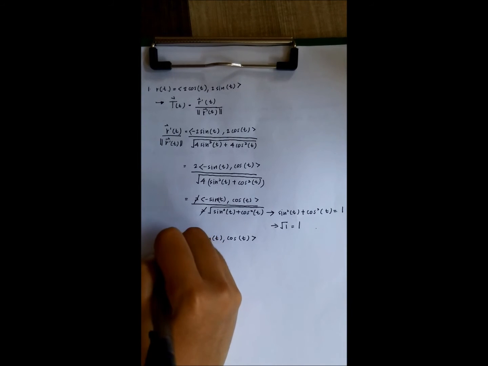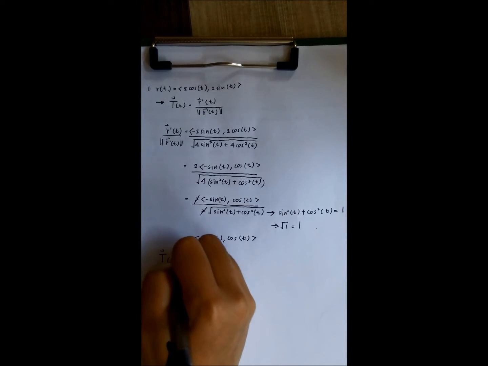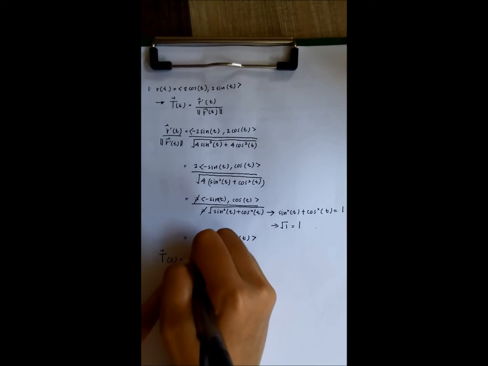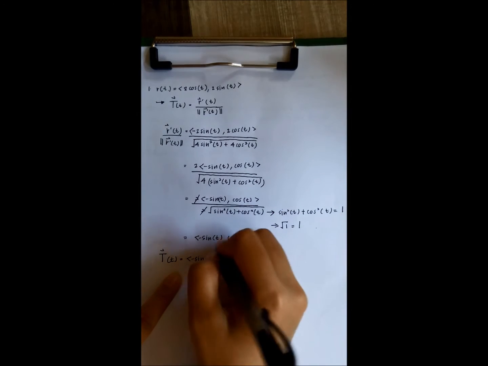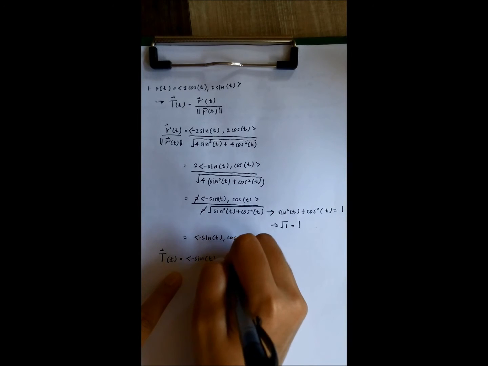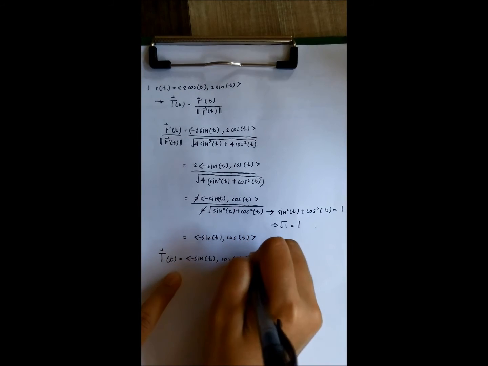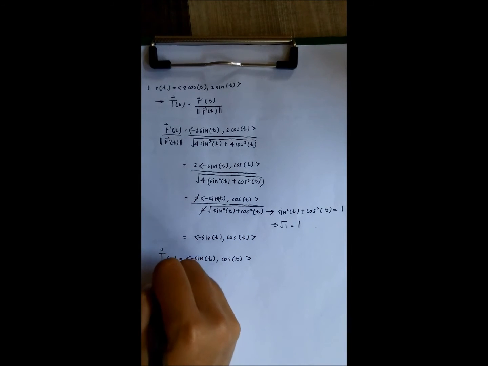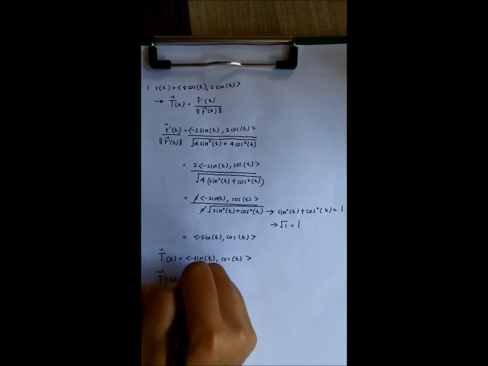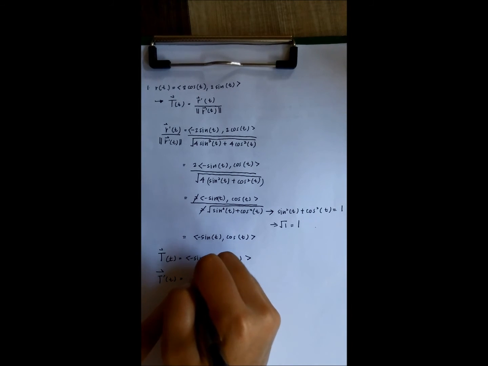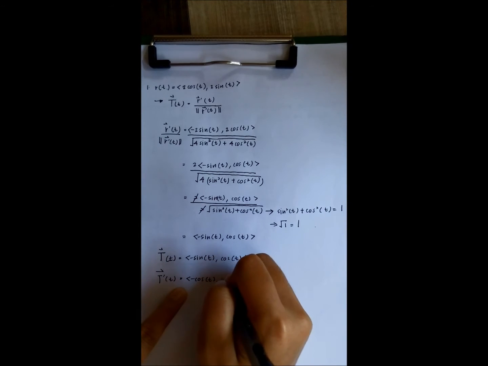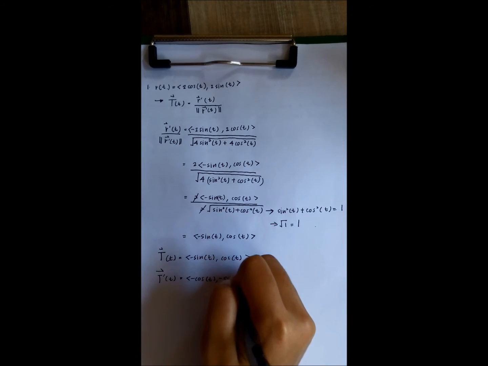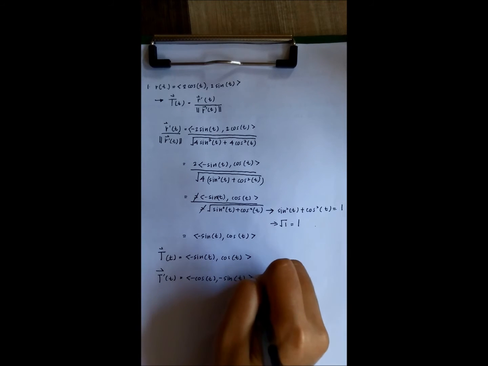After we get the unit tangent vector, negative sine t cos t, we find the first derivative of the unit tangent vector and we get negative cos t over negative sine t.